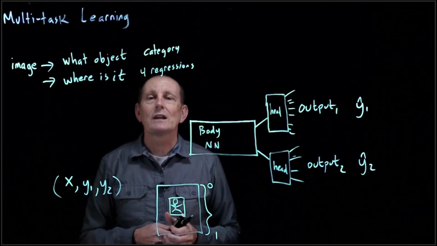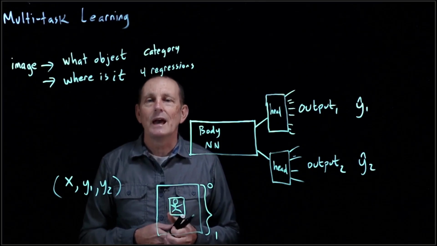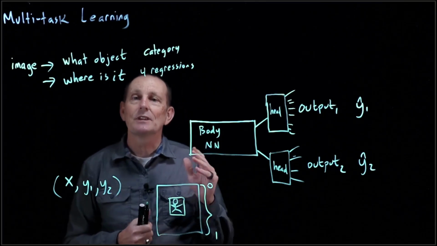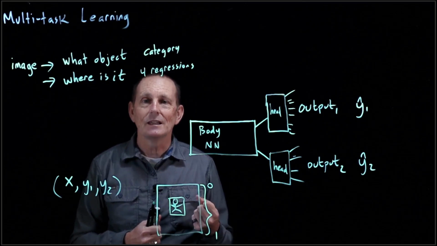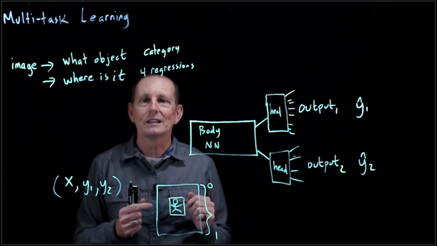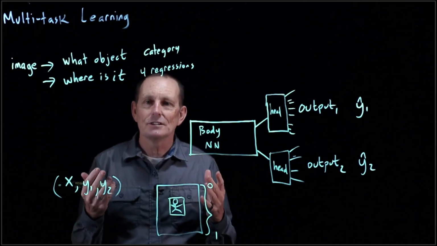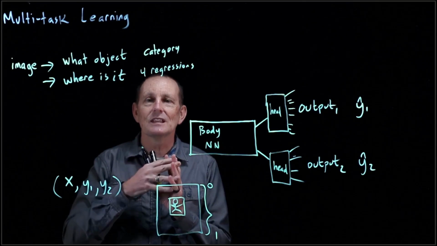Some examples of this in practice might be, let's say, AlphaGo. Right? They, at one point, had 2 networks. One network that was responsible for deciding what the next move is, and the second network was responsible for predicting, at this point in time, who's most likely to win, white or black. And in later versions of AlphaGo, they went ahead and merged those 2 networks into a single network.